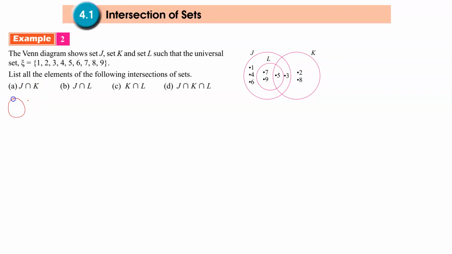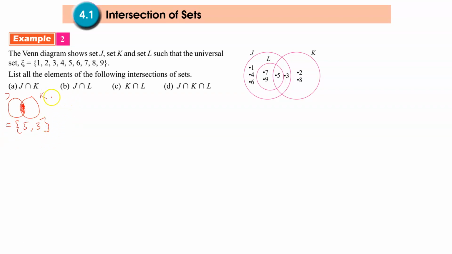So J and K, dia overlap dekat sini kan. Since overlap dekat sini, kawasan yang ada elemen apa? J and K ada 5 and 3. So kita tulis J intersect K ada 5 and 3.